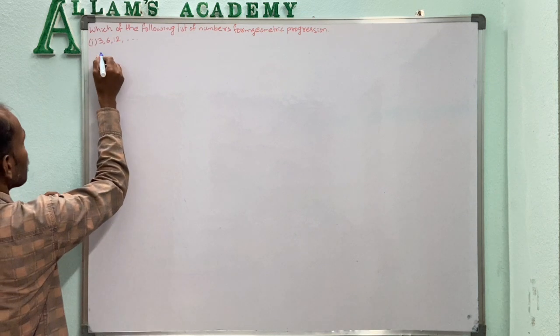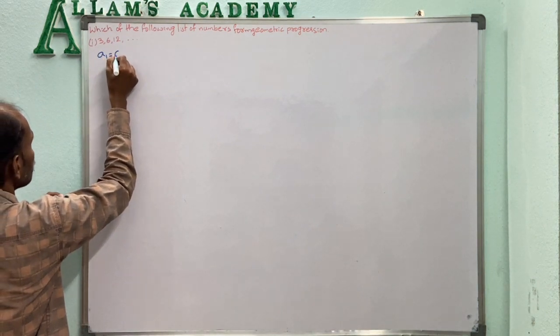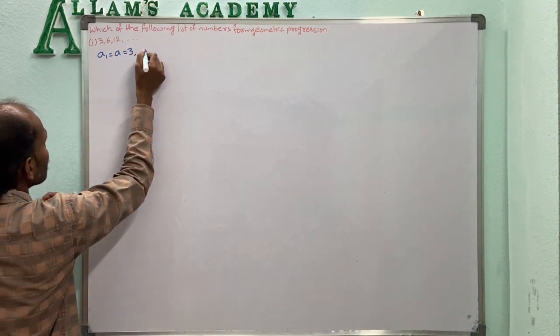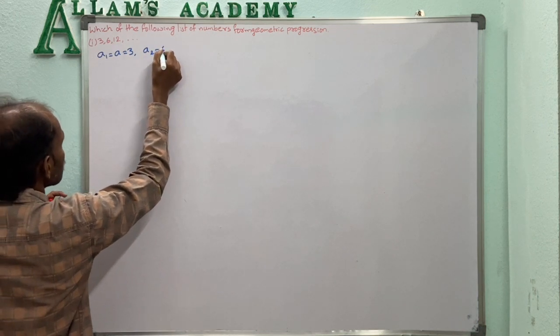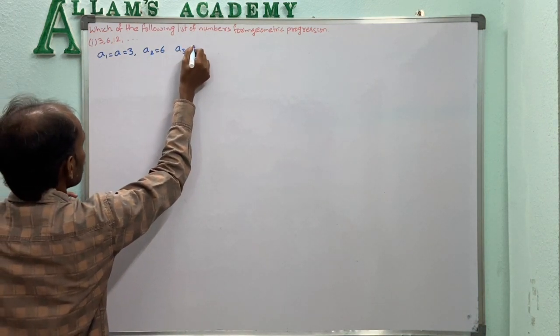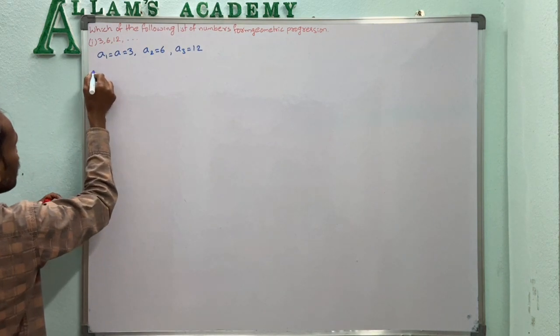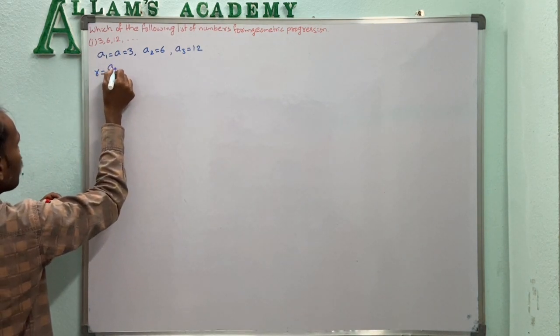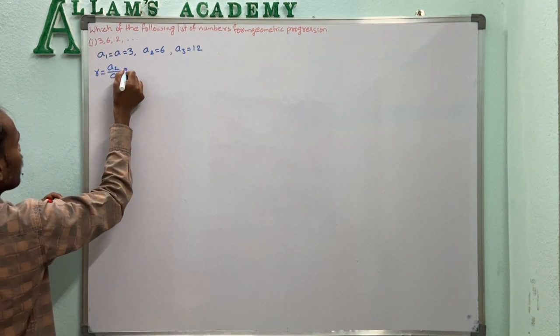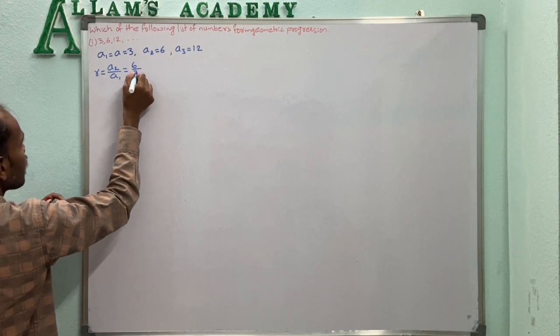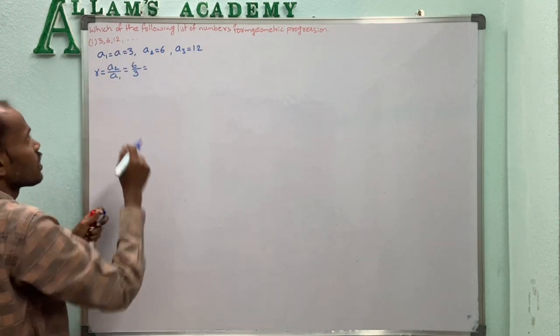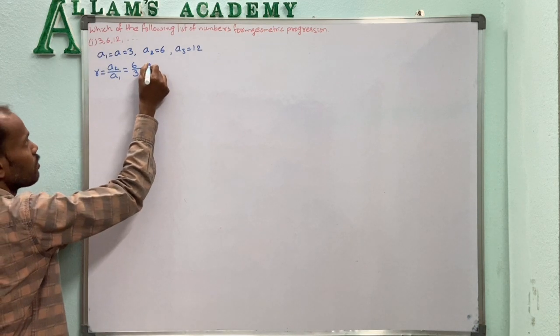So the first term a1 equal to a equal to 3, the second term a2 equal to 6, the third term a3 equal to 12. Now finding the common ratio, r is equal to a2 by a1, that is 6 by 3, second term 6, first term a, 6 by 3 is nothing but 2.